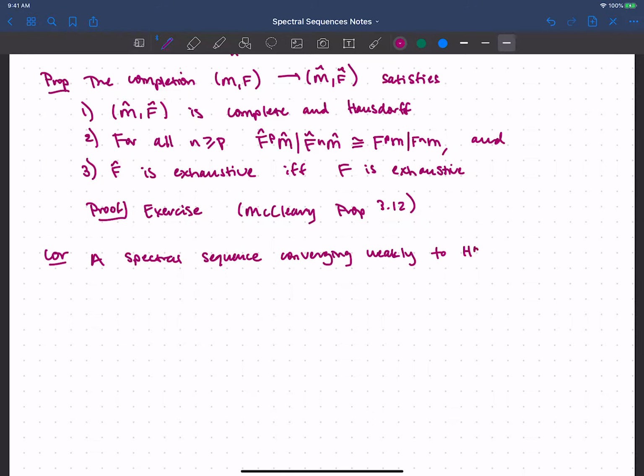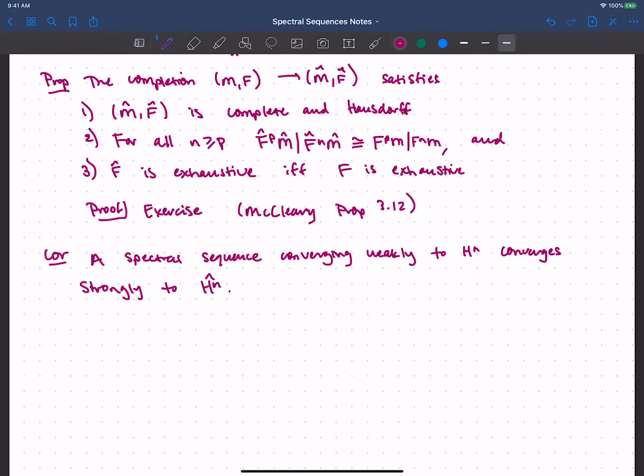So weakly to some groups Hn. Then it converges strongly, well, not necessarily to Hn, that'd be too much to hope for, right? But it converges strongly to the completion.